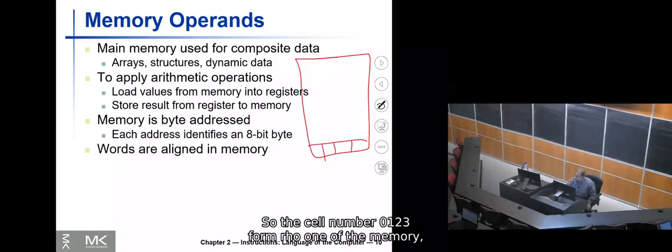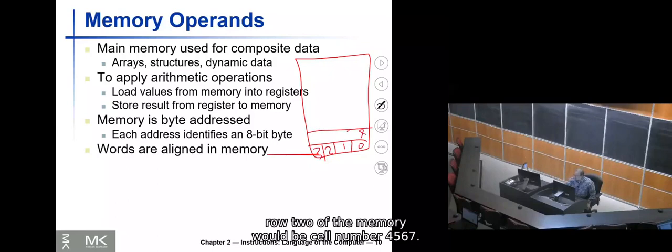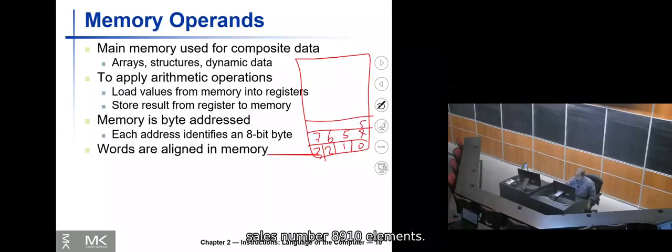So the cell number 0, 1, 2, 3 form row 1 of the memory. Row 2 of the memory would be cell number 4, 5, 6, 7. Row 3 of the memory would be cells number 8, 9, 10, 11.